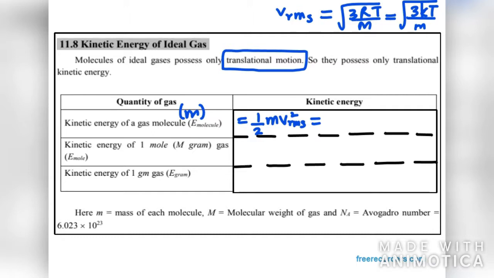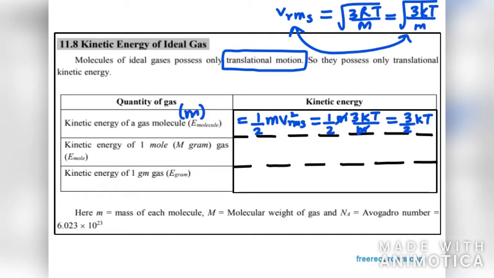From this equation we can find Vrms based on small m. So we need to find Vrms square, that means the under root will get cancelled out. So half m times 3kT over m. Now m and m get cancelled out, so we are left with 3 over 2 kT. This is the answer when we are talking about a gas molecule.